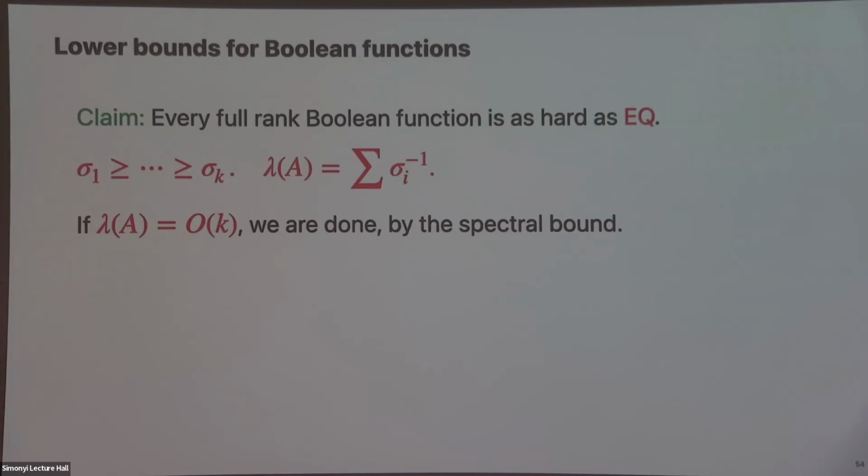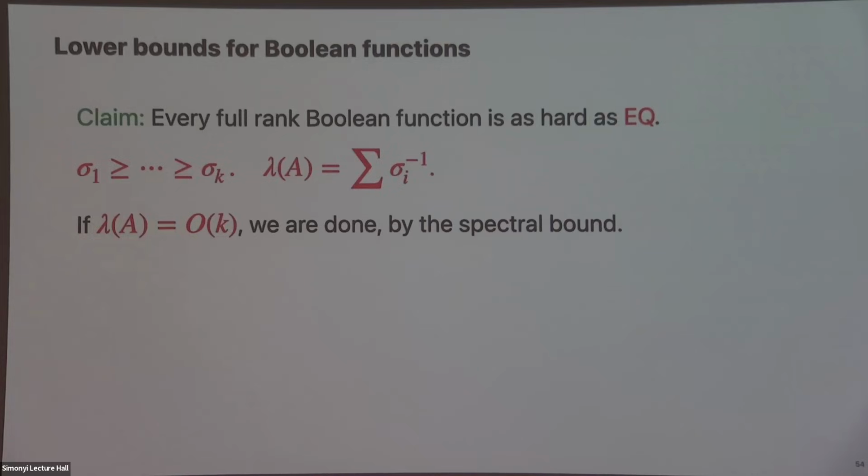But a theorem of the form lambda A is less than ck would imply it for every full rank matrix. Of course, if the matrix is not full rank, lambda is unbounded, right? So you have to throw in the full rank condition. But this also tells you why the statement might be false, right? What about matrices that are full rank, but barely?